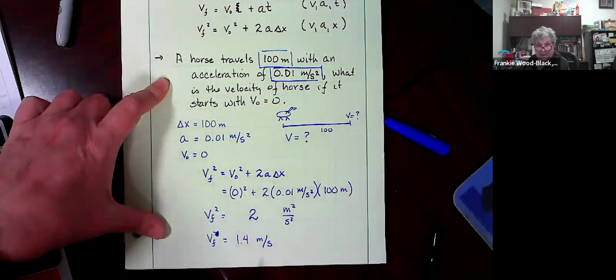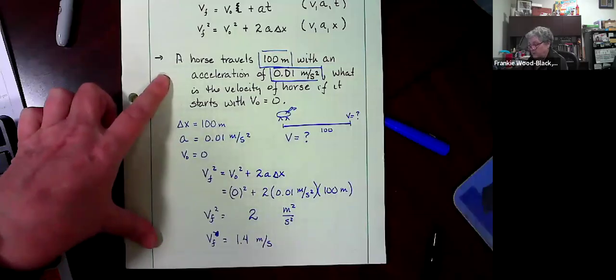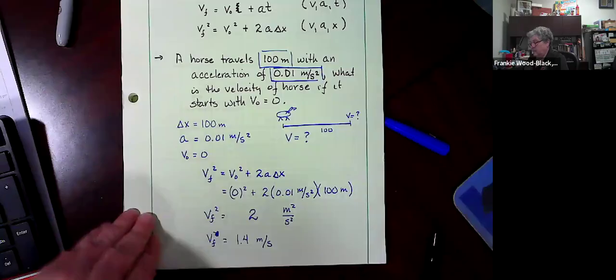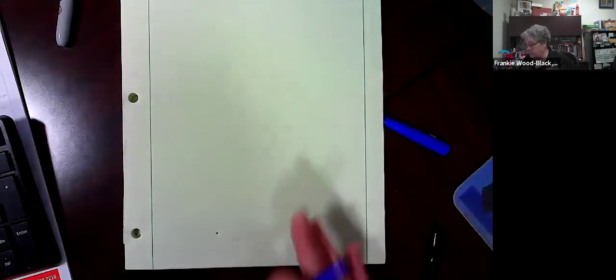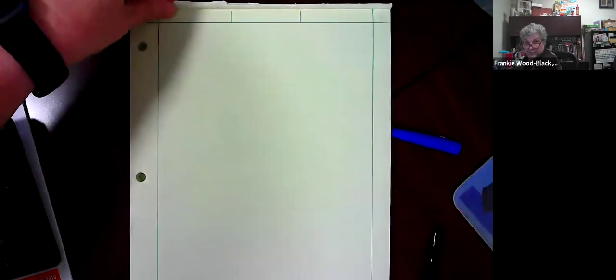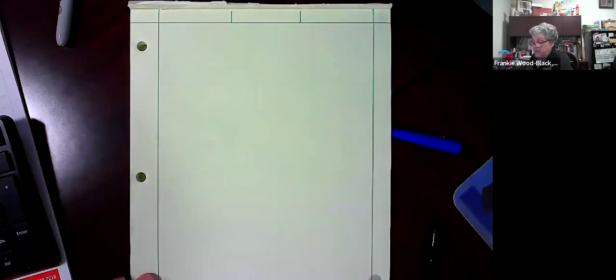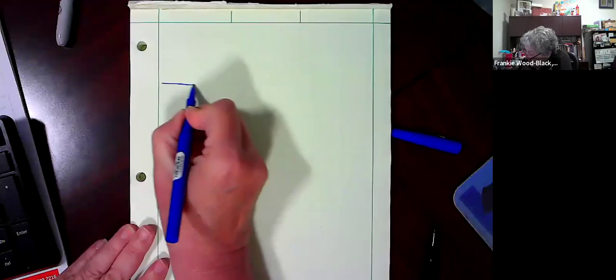And typically on my exams, if you draw the picture, you're going to be able to get more points for that. The other thing I would recommend is going through each of the examples in your text because they're very helpful.